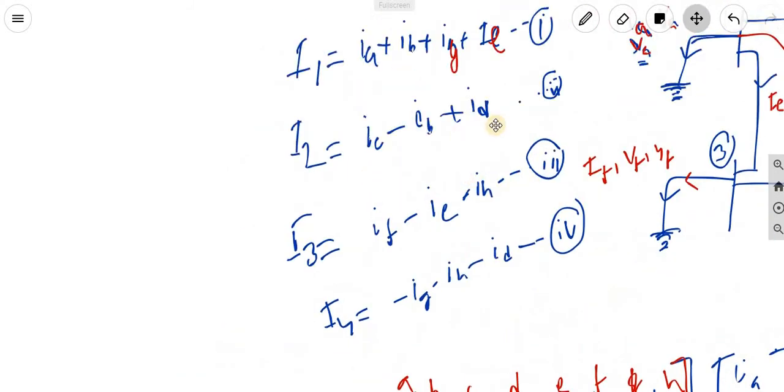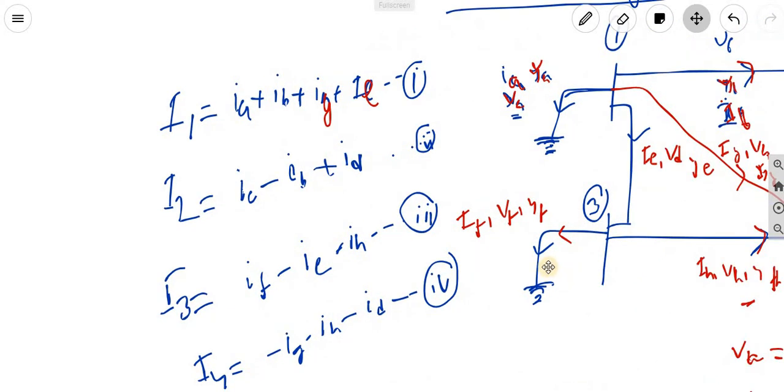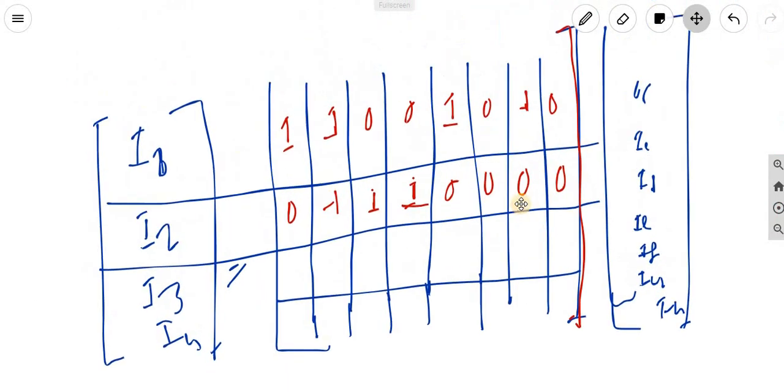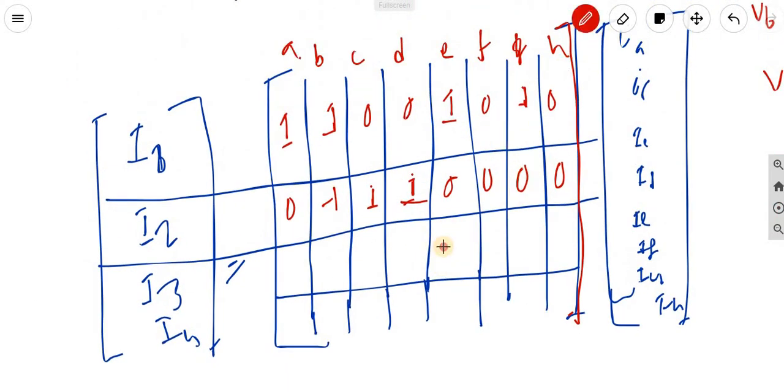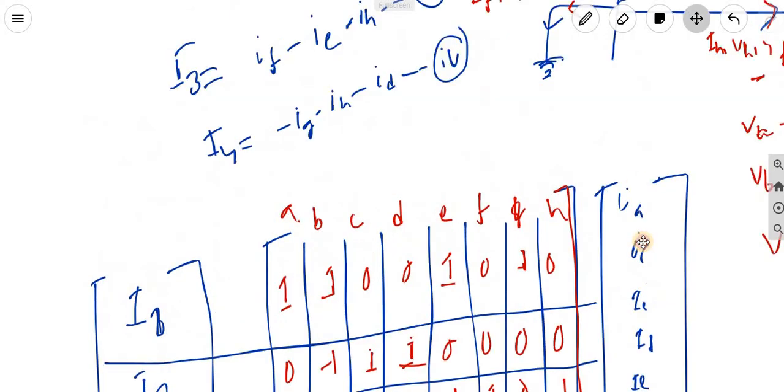For I2 is 1. For I3, IF, IE, IH minus IE, IG minus IF positive. Okay.